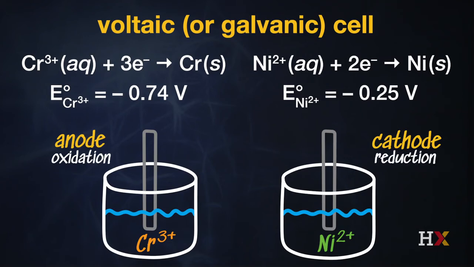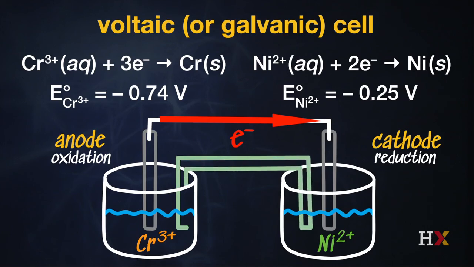So when we connect our wire, electrons are going to go from the anode to the cathode, so electrons are going to flow in this direction. And the minute those electrons flow, we've got to balance the charge with our salt bridge. So we add our salt bridge in, which maintains charge neutrality in those two solutions.